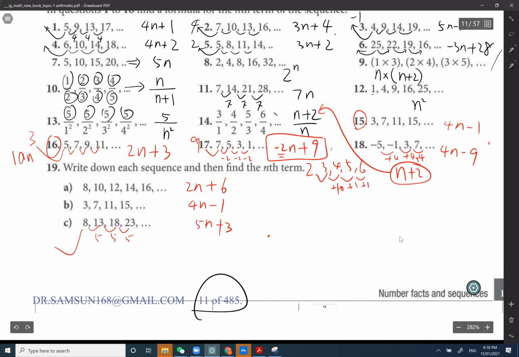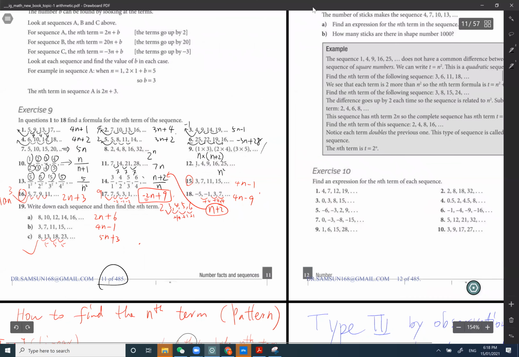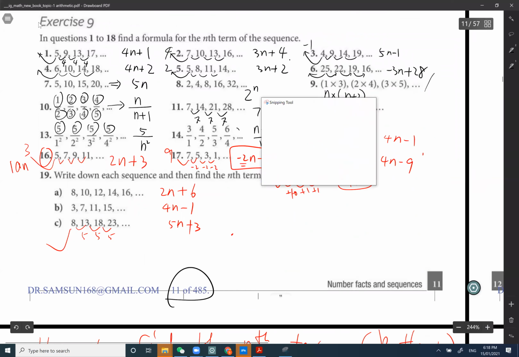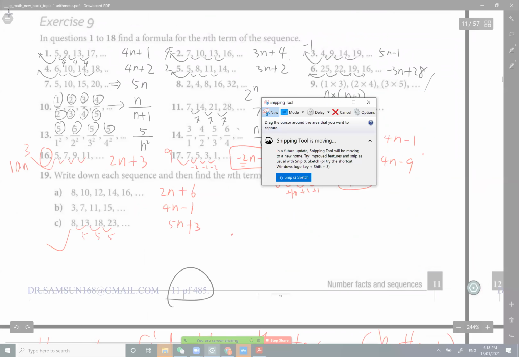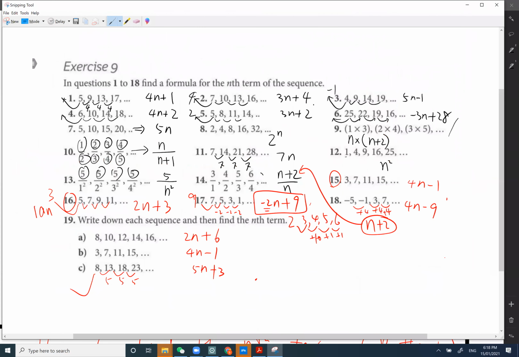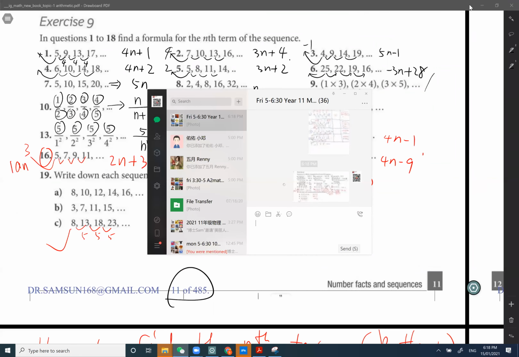Very good. That's exercise 9. Exercise 10.